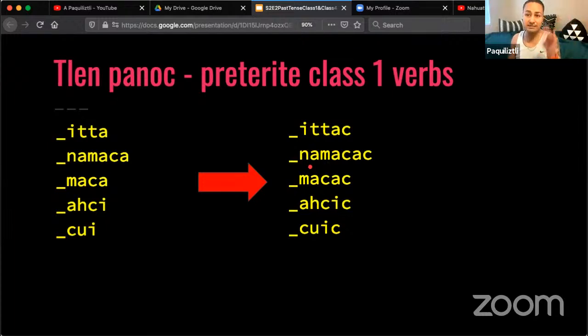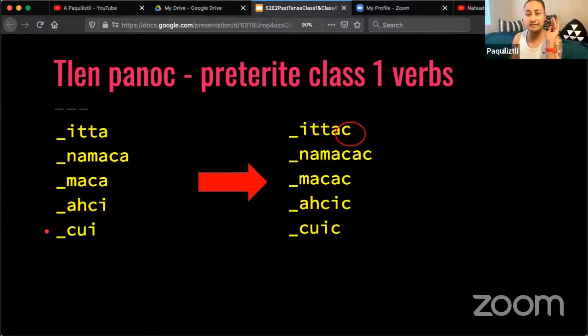So if you notice the pattern, these verbs that are class 1 verbs, when they're in the past, all you do is add a C. That's it. So Itta becomes itak, namaca becomes namakak, maca becomes makak, asi becomes asik, and qui becomes quick. Okay? That's for the one person, right?